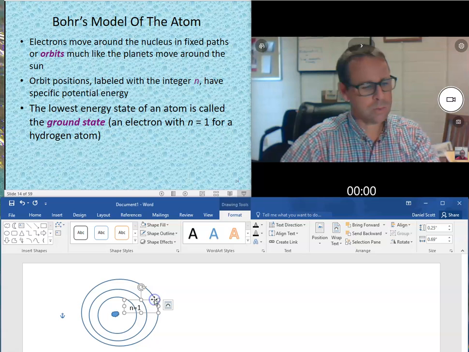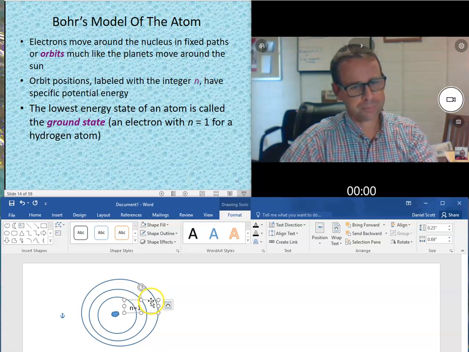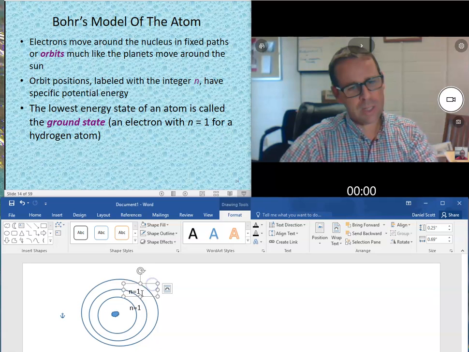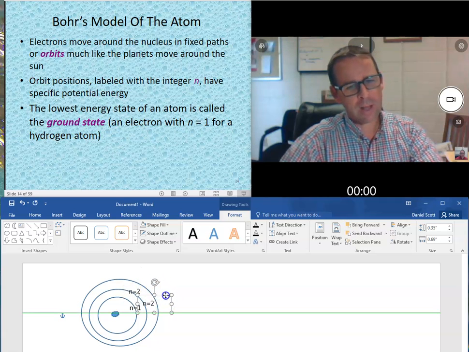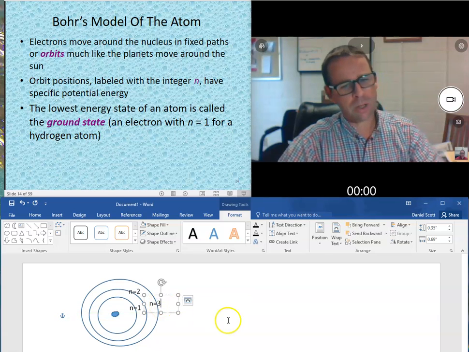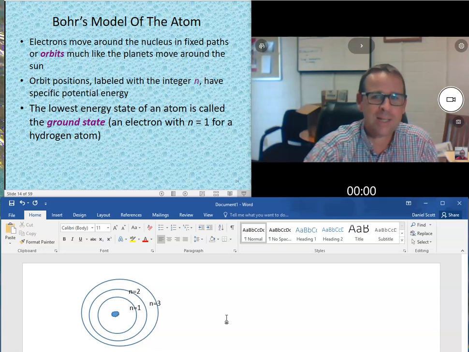So there's our n equals 1. This would be n equals 2. And you get the picture. N can equal any value, really, because you can get an electron to be excited.